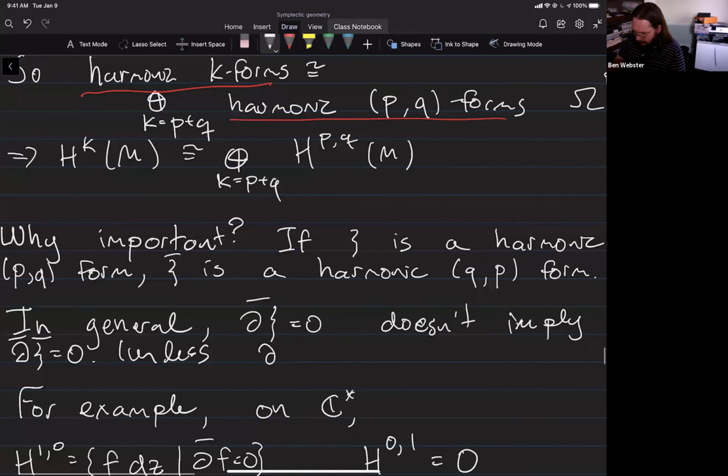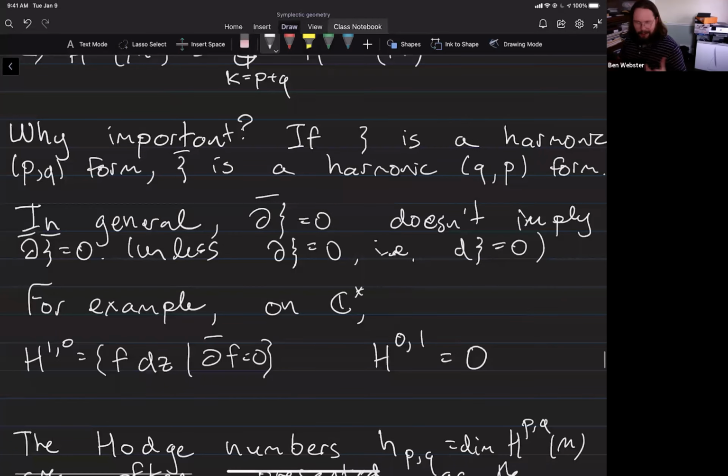That's only going to happen if it's also true that del of C is 0. That's only going to be true if d x c is equal to 0. So, just to give you a simple example, it's worth thinking about C star.